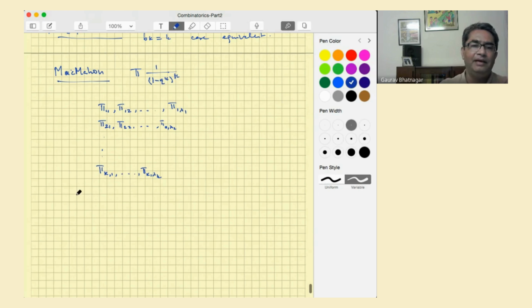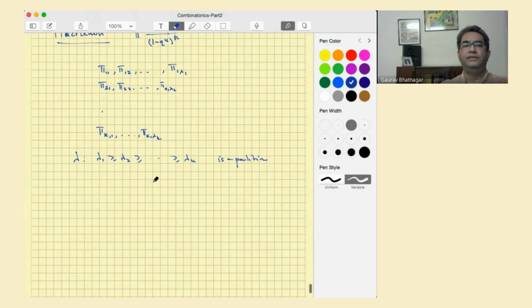First of all, lambda, which is lambda 1, lambda 2, up to lambda k, is a partition. So a Young tableau is the shape of a partition.